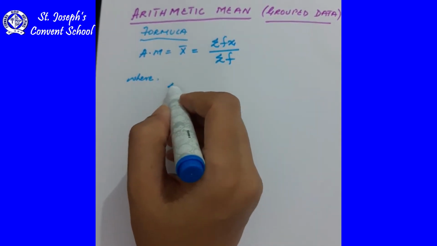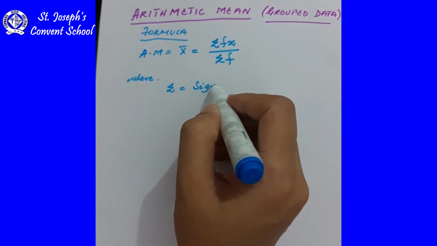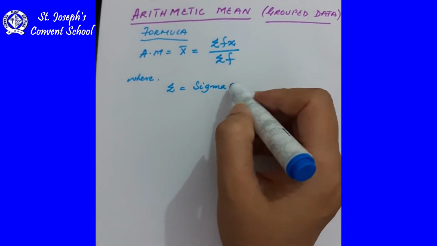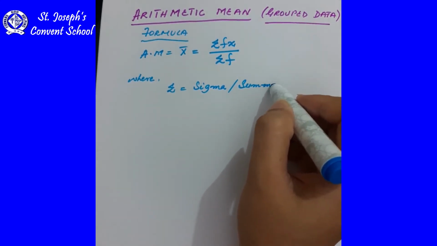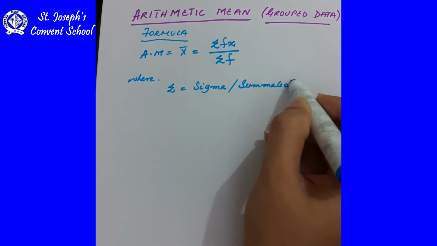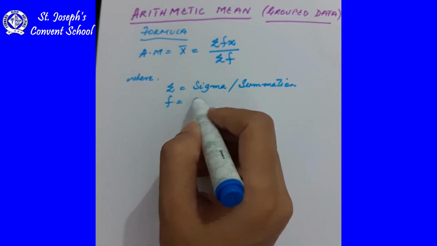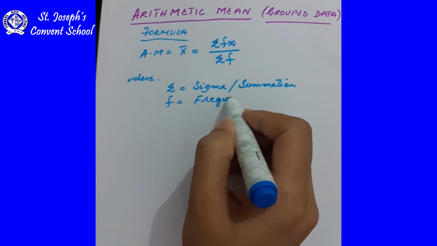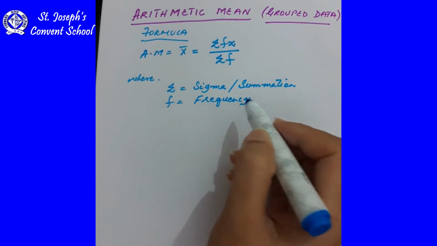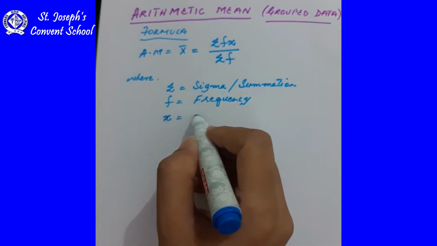this sign you already know, this is known as sigma, or you can call it summation, same thing. Summation means sum of all the values. Now sum of what? F stands for frequency, and here X stands for midpoint.